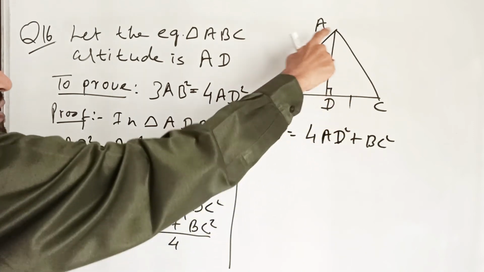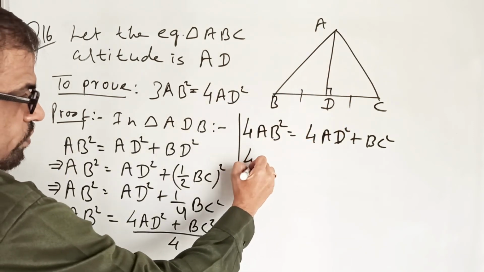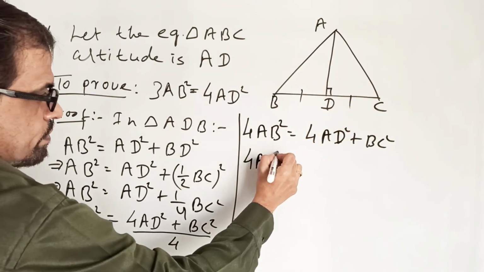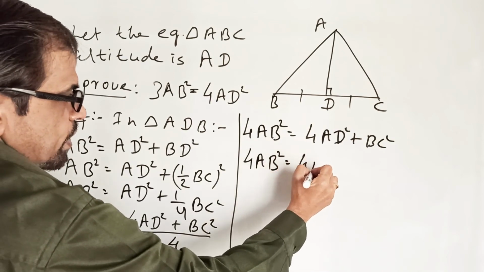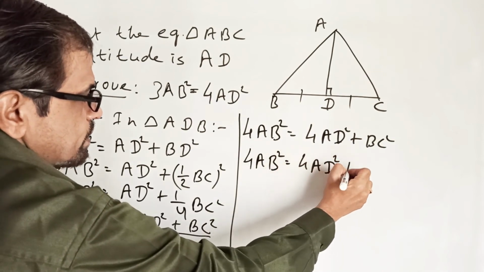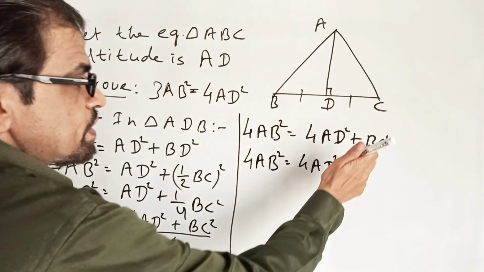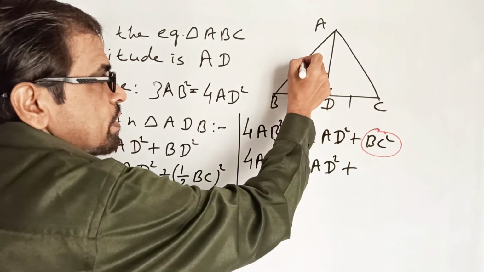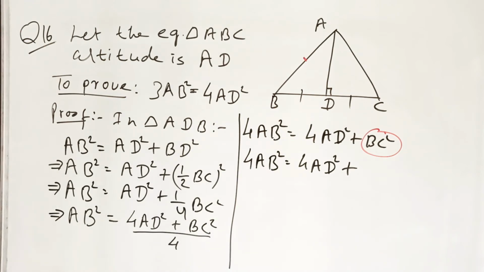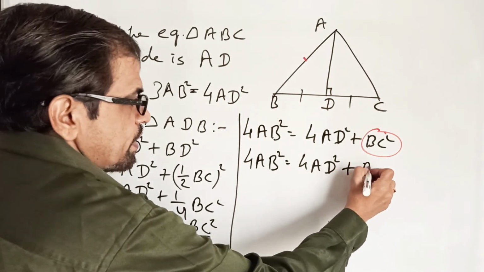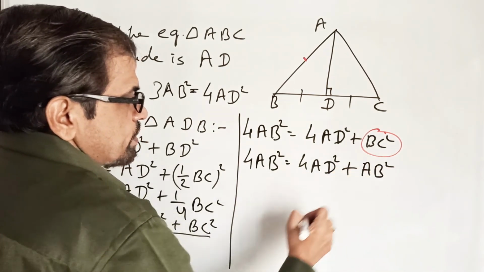See, all sides are equal, so we can write 4AB square as it is, 4AD square as it is, and in place of BC square, now listen carefully, in place of BC square I am writing AB square. Why? Because all sides are equal, so we will write here AB square.